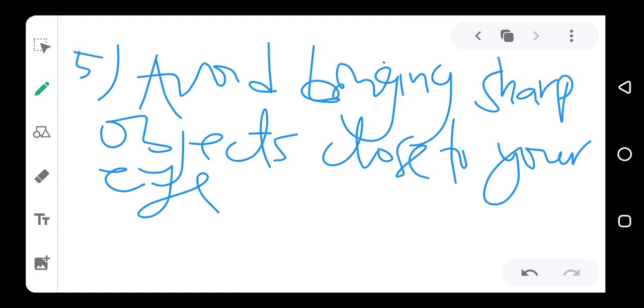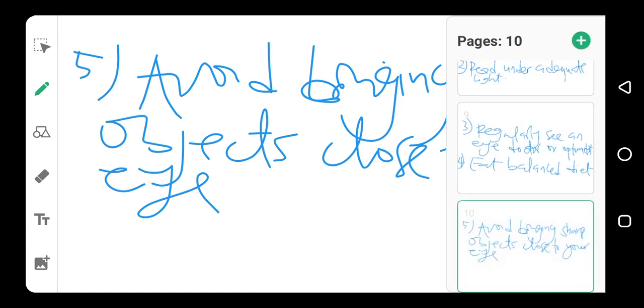Okay, so these are a few ways that we can take care of the eye. Now your assignments.